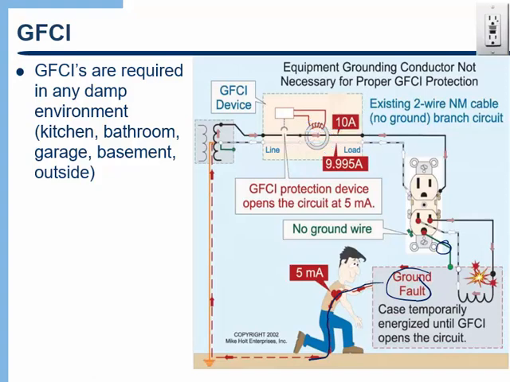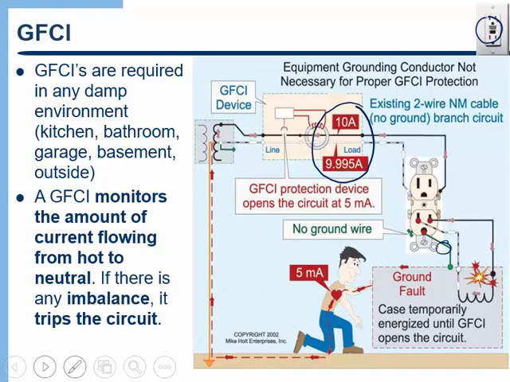And if there's even the tiniest mismatch, then it opens up the circuit. And so that little thing will pop and all of a sudden no electricity will flow. And that way our person is stopped from getting electrocuted. So we have those extra protections anywhere where we've got moisture.